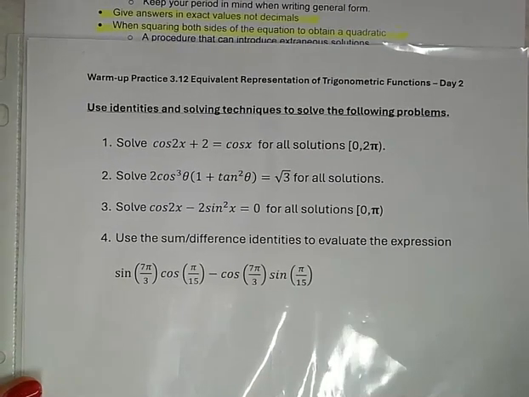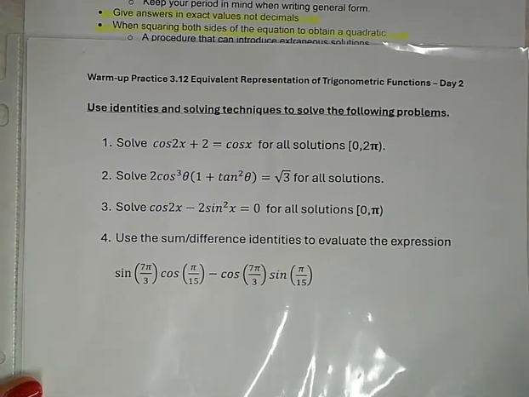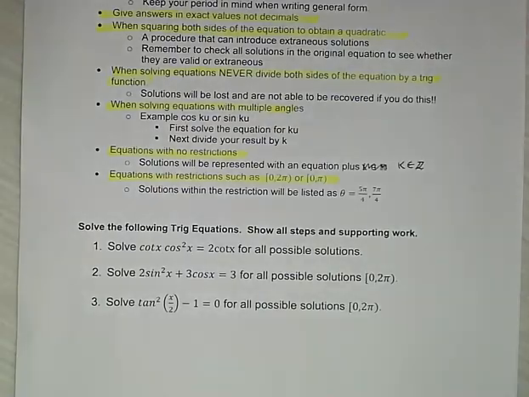Once you finish these 3 questions, then you are going to work out these 4 questions in class and practice with the identities some more at your table groups. And then you have the backside of last period's daily practice to work and make sure you're ready for our progress check on topic 3.12.